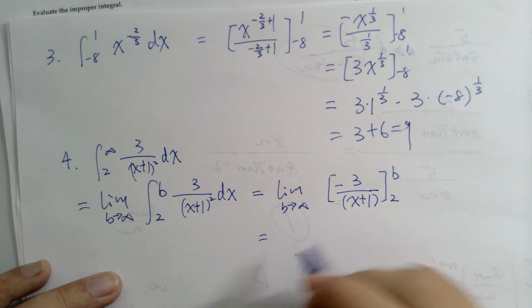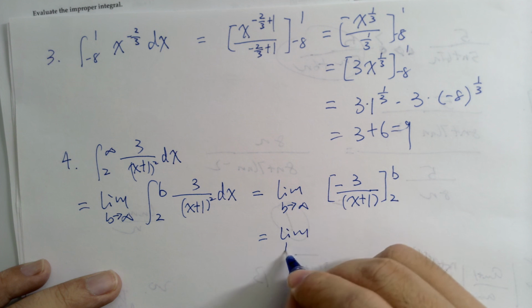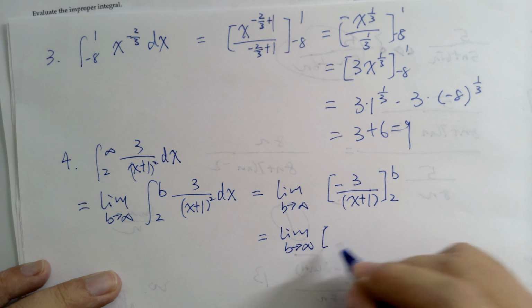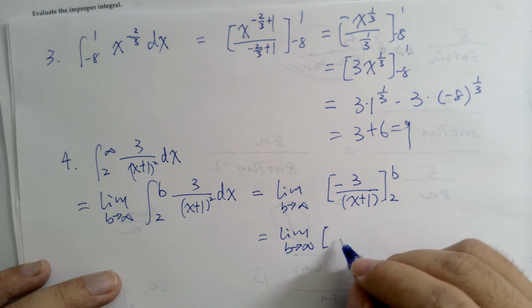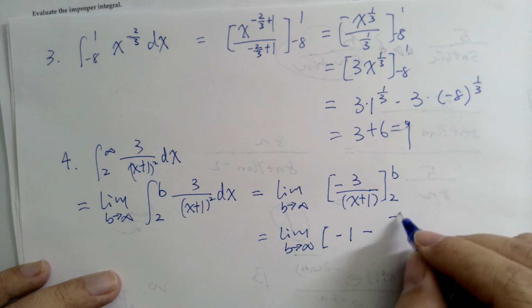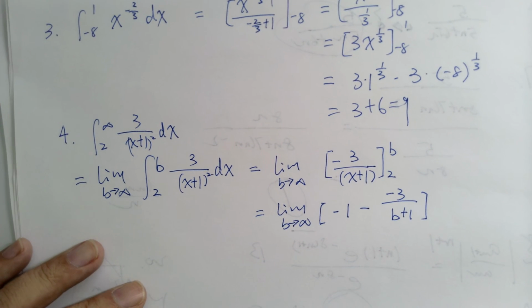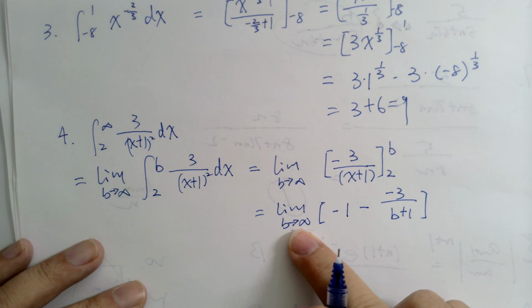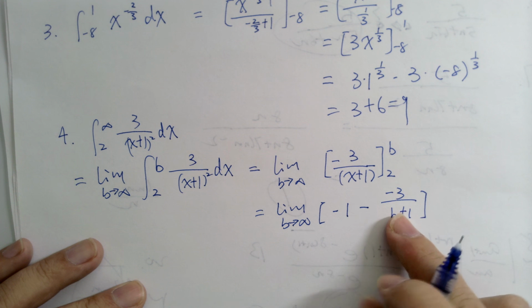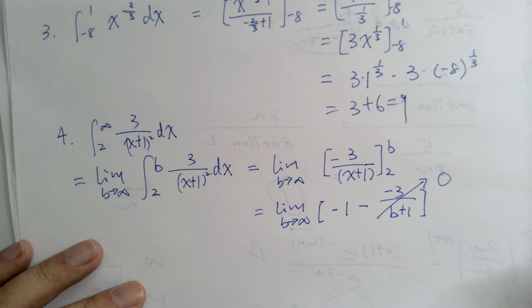So if we plug 2 inside here, 2 plus 1 is 3, so it's negative 1 minus negative 3 over b plus 1, right? And then when b goes to infinity, do you see that this part will become 0?